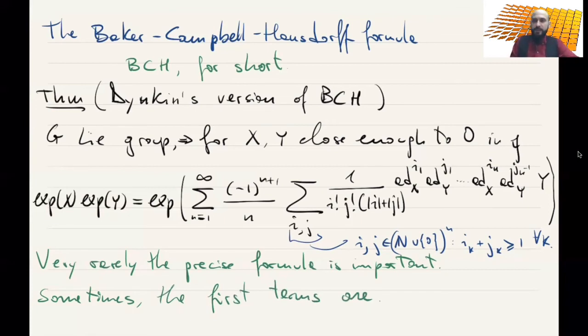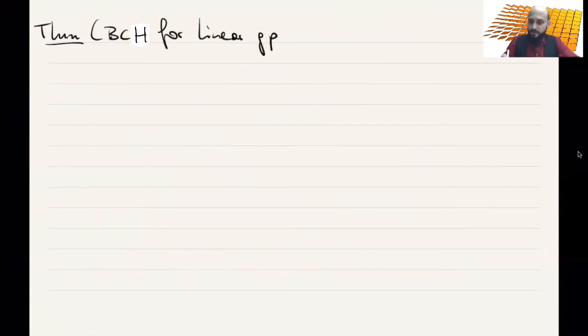Okay. But let's see the Campbell-Hausdorff formula for linear groups, and I will prove it. So now we have G, the general linear group over a vector space.